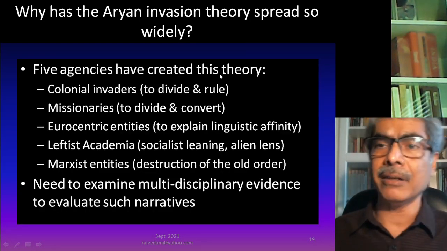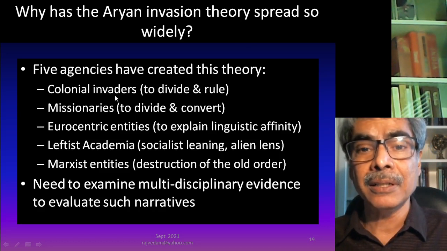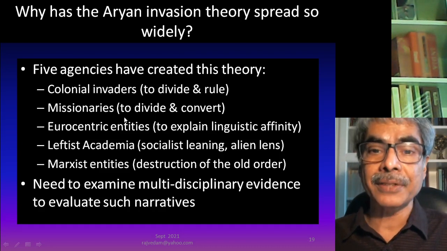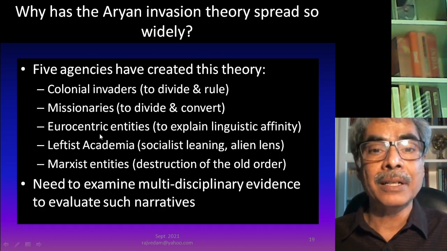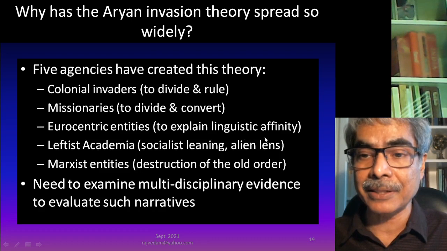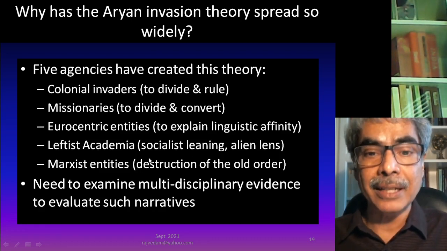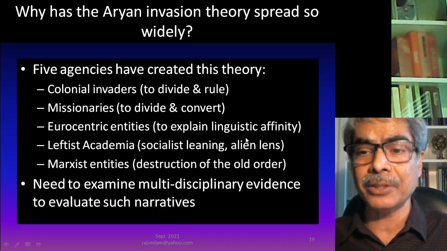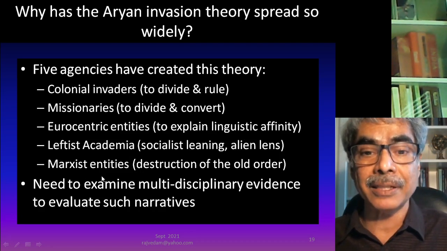So again, summarizing this, 5 agencies have created this theory. The colonial invaders in order to divide and rule, the missionaries in order to divide the Indian population and to convert them into Christianity, Eurocentric entities to explain the linguistic affinity between Sanskrit, Latin and Greek, as well as to uphold Eurocentric ideas, the leftist academia in India, which is socialist leaning and uses alien sociological lenses to study Indian dynamics, and Marxist entities.